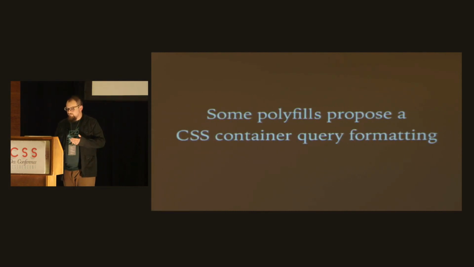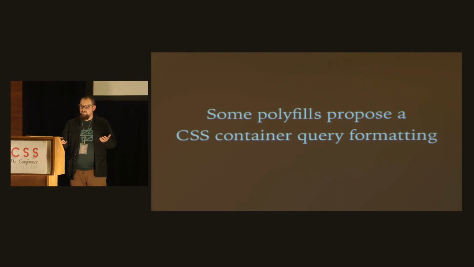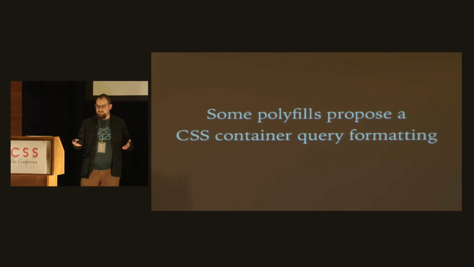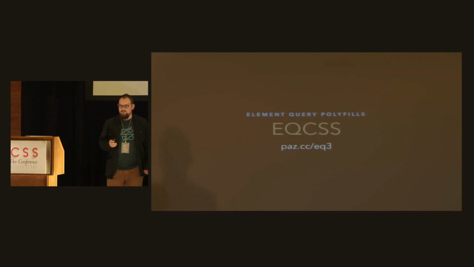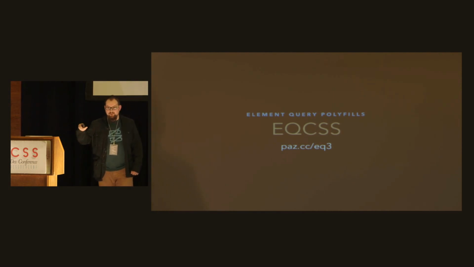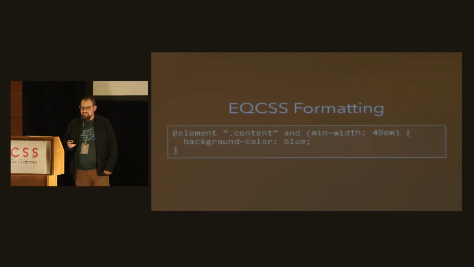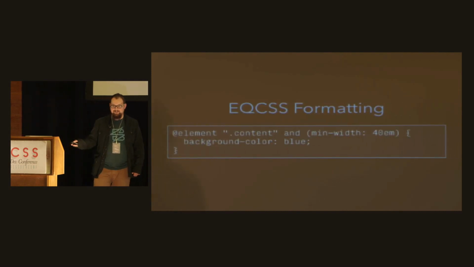Some of the polyfills are actually proposing particular formats that may or may not be accepted. And so they're kind of interesting. EQCSS is one of those, and it stands for Element Query CSS. Their approach is to create an @element.